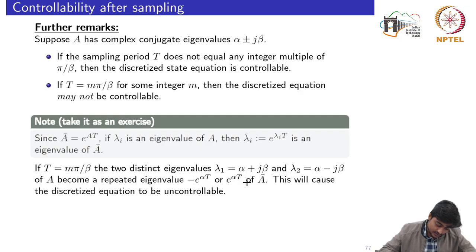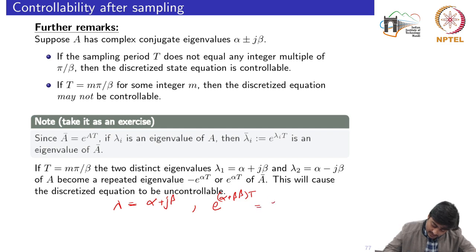Okay. So we can quickly visualize this. Say for example, take lambda equal to alpha plus j beta. So the eigenvalue of the discrete time would be e to the power alpha plus j beta into the sample time.